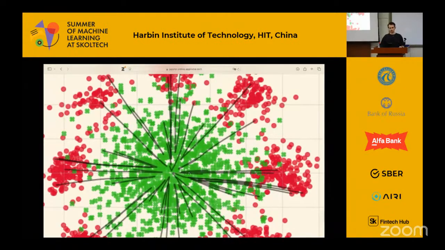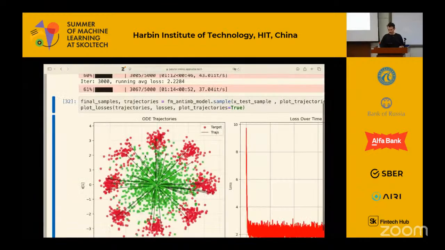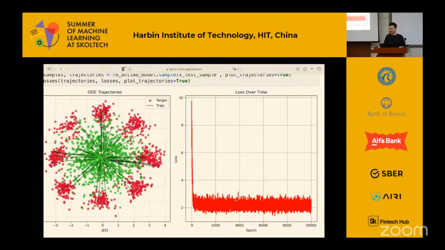So this is what you do not want to see in your flow matching. This will take a lot of compute for inference, and the pairs that you get are not very good. And actually the loss is lower than the independent transport plan that we considered first.